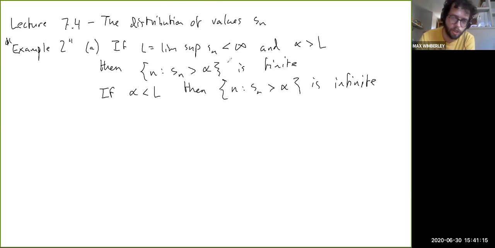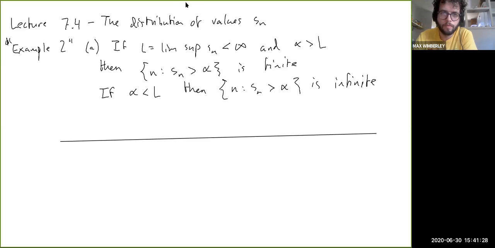and I'll describe why. They give an argument to show why this is true. I'm going to draw a picture here and then describe verbally why this has to be true. So let's say this is L. Now if alpha is over here, what I'm saying is there are only finitely many terms.